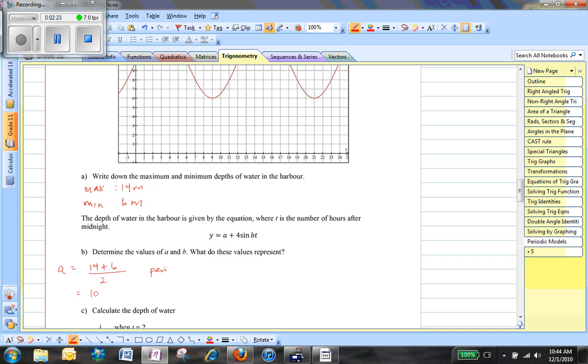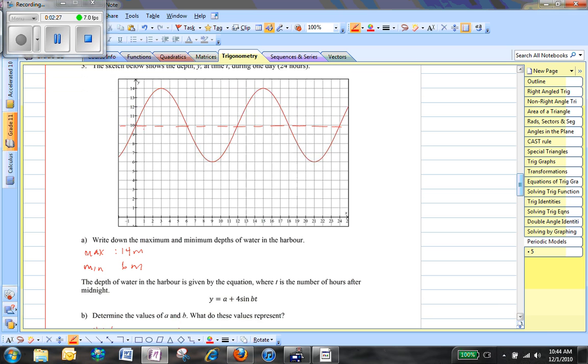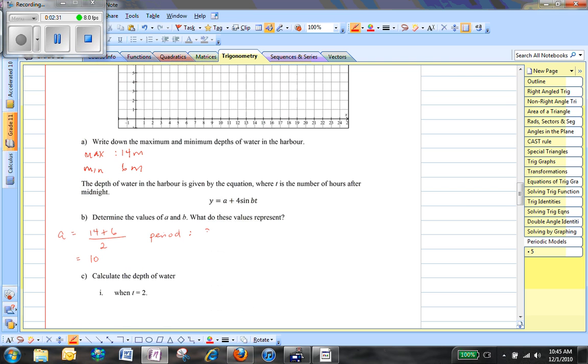So for the length for one cycle, look here, from here to here is 12. So 360 divided by 12 is 30. So my equation is y is equal to 10 plus 4 sine 30t.